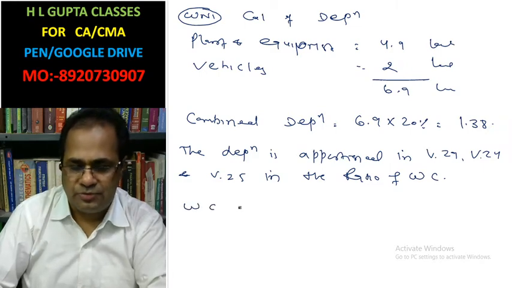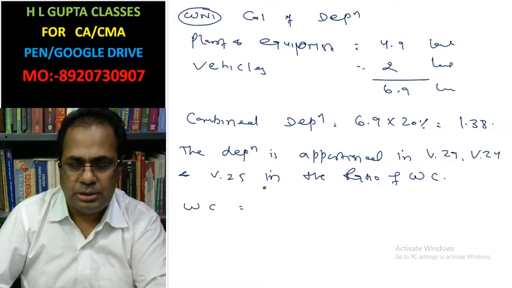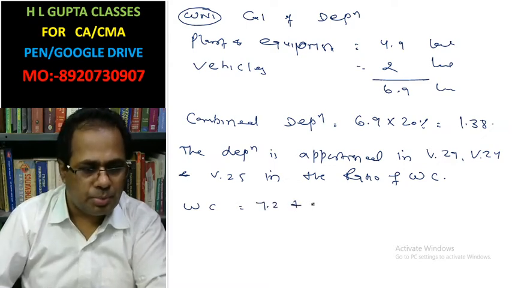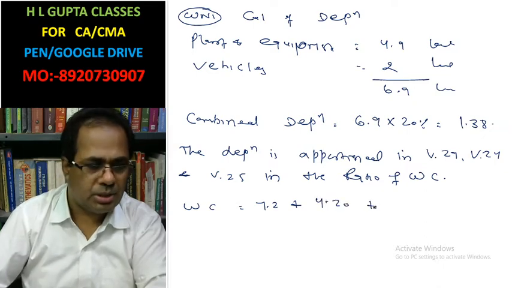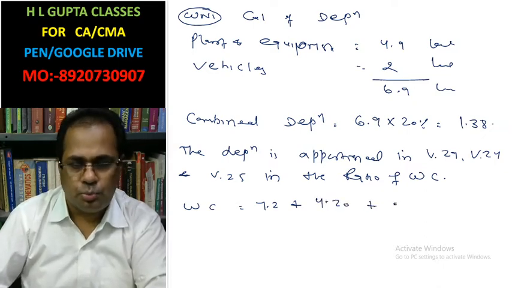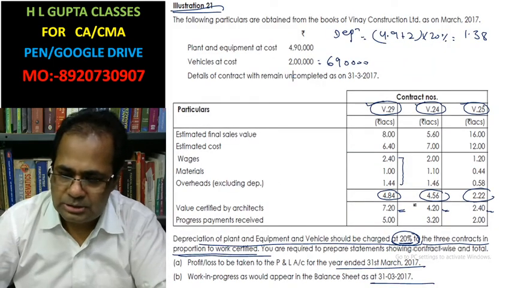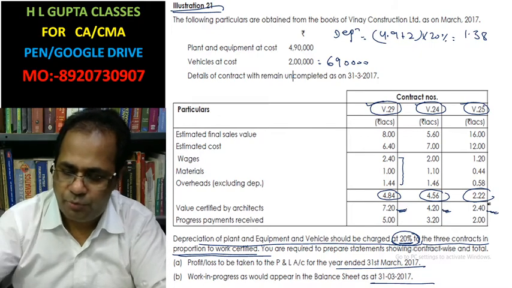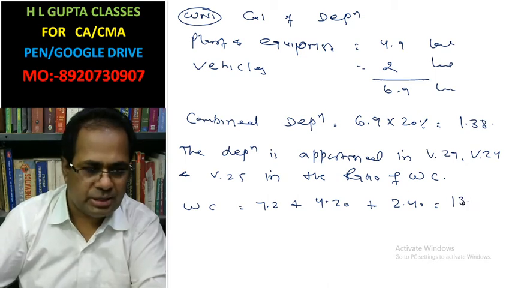The work satisfied ratio is given here: 7.2 lakh plus 4.20 lakh plus 2.4 lakh. Look at it, 7.2 lakh, 4.2, 2.4. The total sum is 13.8.